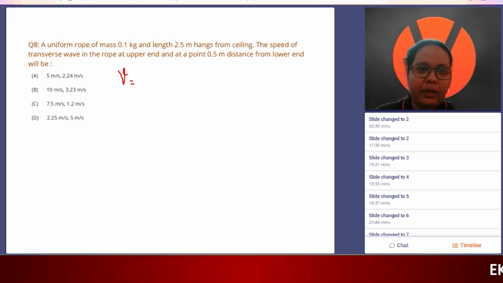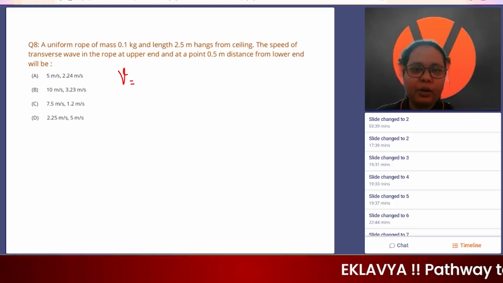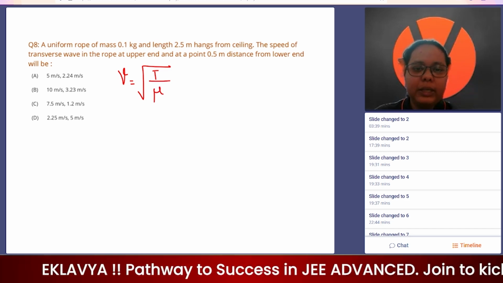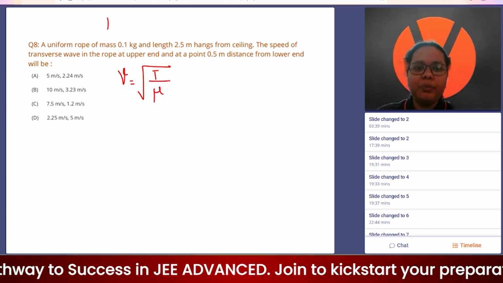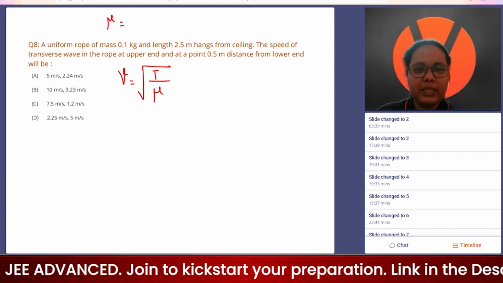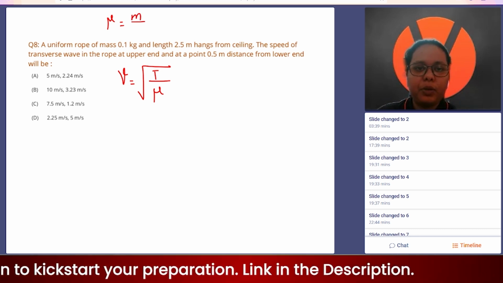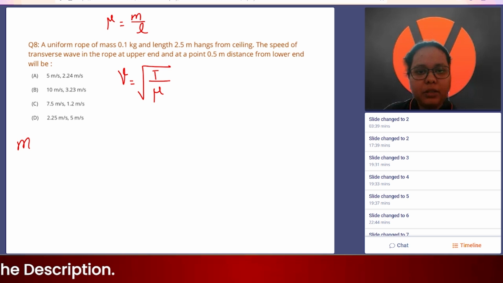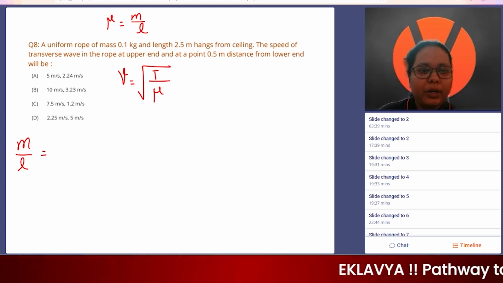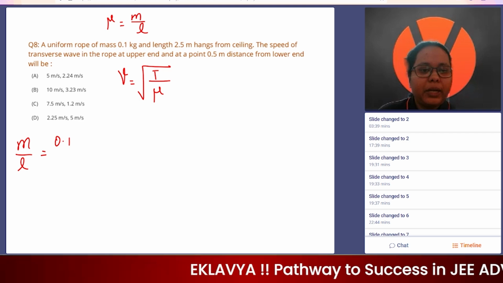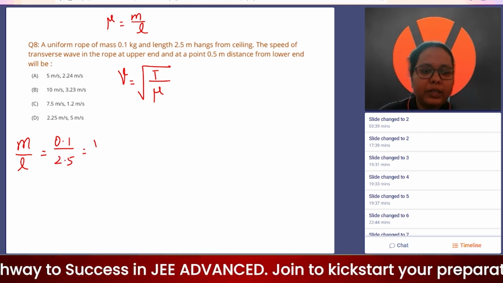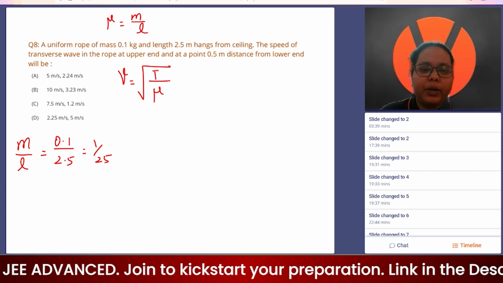So speed, right? A uniform rope hanging with mass. What is the formula? With respect to tension, what we know is root of T by mu. Here mu is the mass density, so mass per unit length. For the first case, mass per unit length mu1 is 0.1 divided by 2.5, so the answer will be 1 by 25.